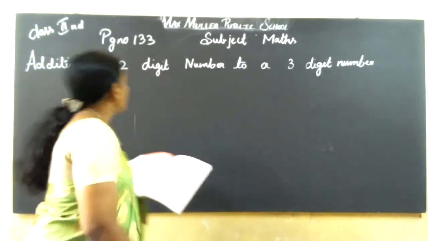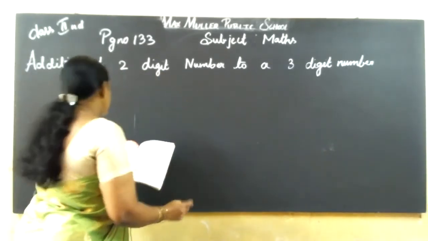Understood, children? Addition of a 2-digit number to a 3-digit number.